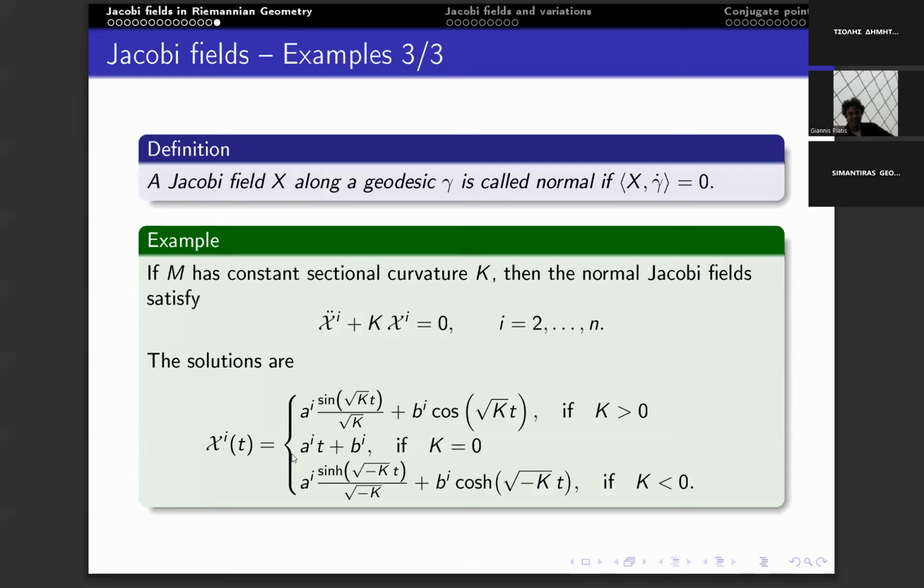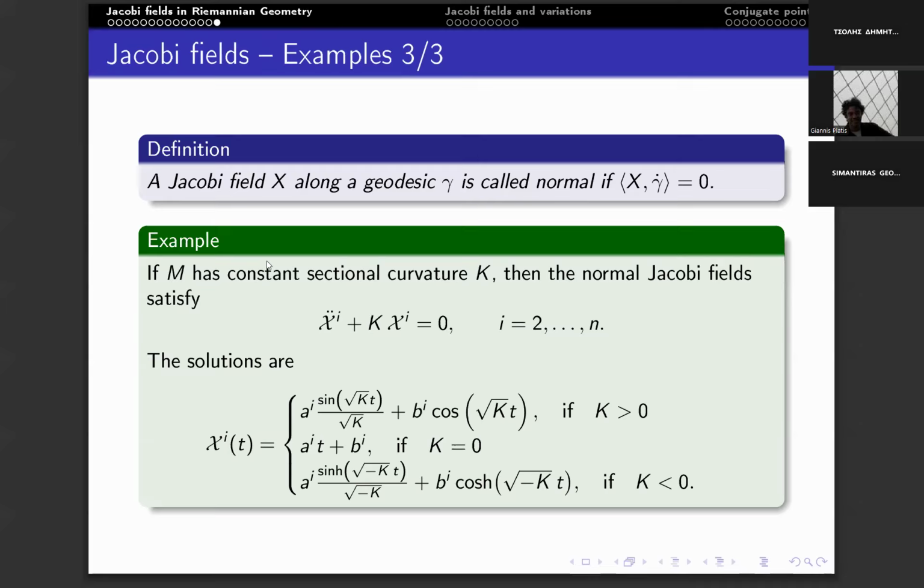A Jacobi field along a geodesic is normal if it belongs to the normal bundle along gamma, which means that it is normal to the velocity field. And we have another example.